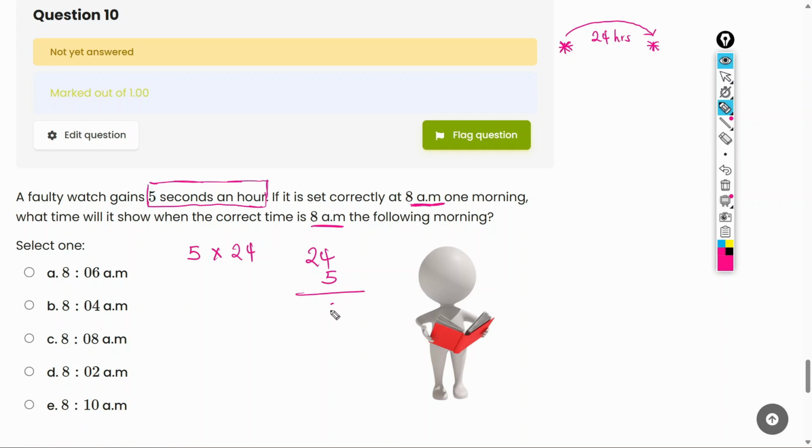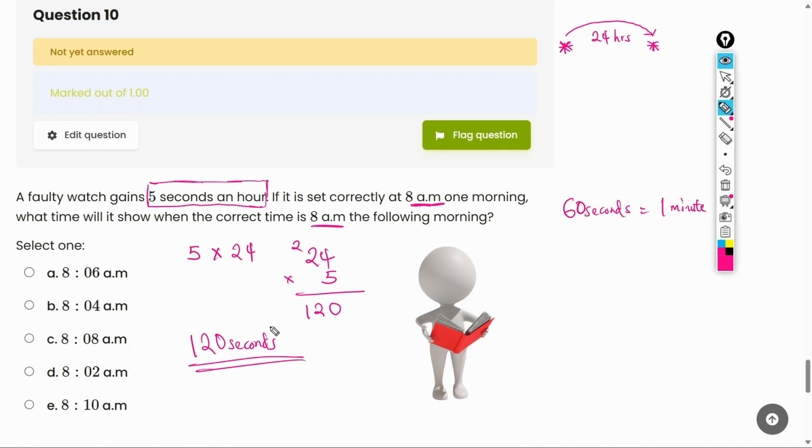5 times 4 is 20. 5 times 2 is 10 plus 2, 12. So it means that we have an additional 120 seconds. So an additional 120 seconds, let us change that to minutes. We know that 60 seconds is equal to 1 minute.